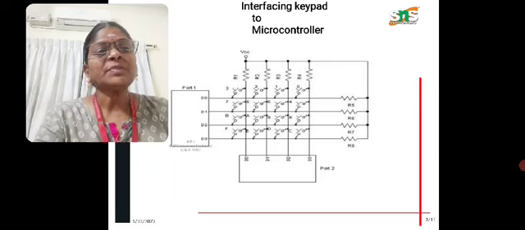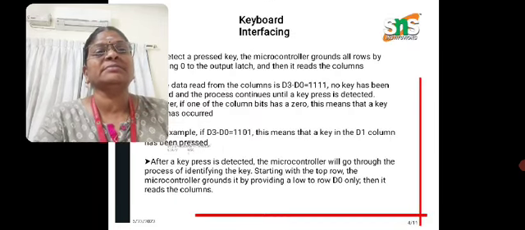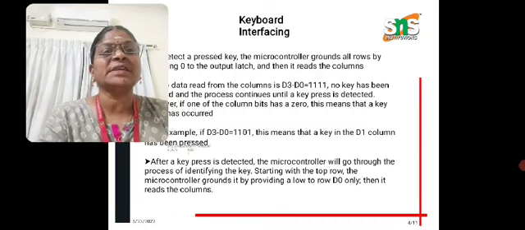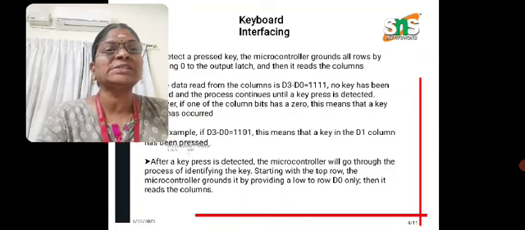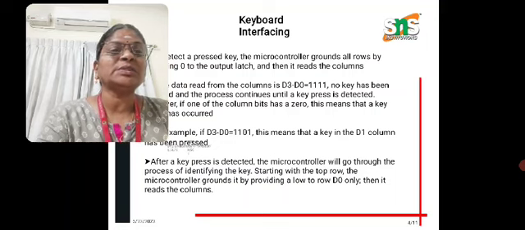So how does this circuit diagram work? To detect a pressed key, the microcontroller grounds all rows by sending 0 to the output latch, and then it reads the columns. The data read from the columns is D3 to D0, that is D0, D1, D2, D3.